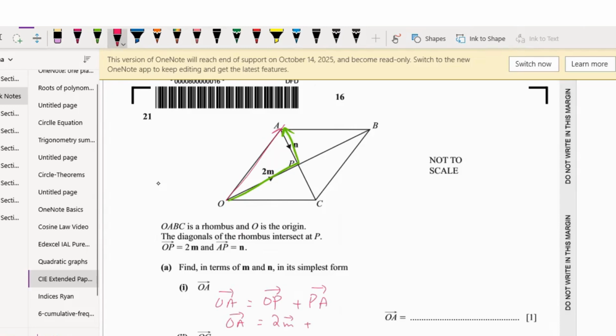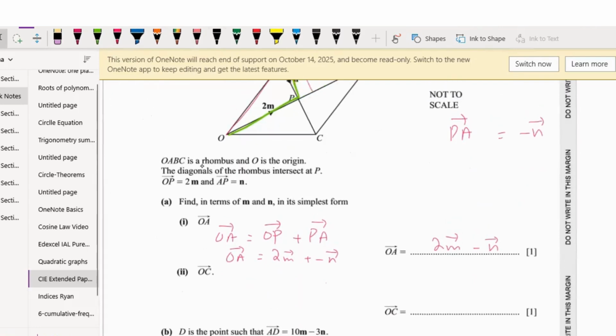We are not given PA, we are given AP. AP is given to be n vector, but if we go in reverse, if we find P to A, we will reverse the sign, okay? Because we are now changing the direction, we are going from P to A. So we will reverse the sign, that becomes negative n, okay? So OA becomes 2m vector minus n, okay?